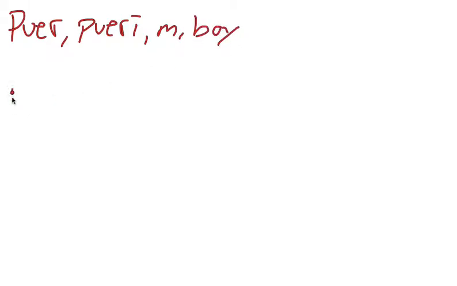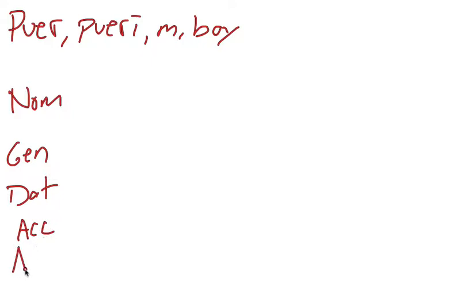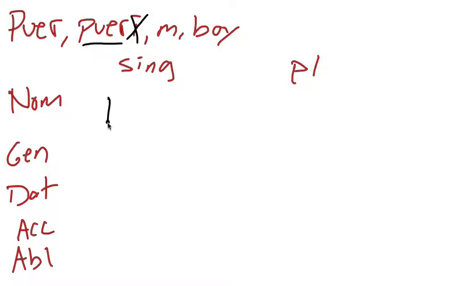We'll set up our chart again: nominative, genitive, dative, accusative, and ablative, with singular and plural. If I take the genitive singular ending away, the base is puer. So the base of puer is puer, and we write puer all throughout the chart.